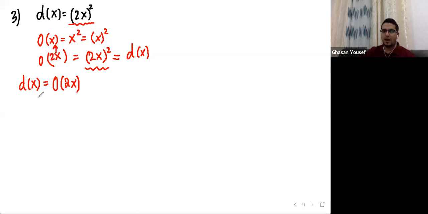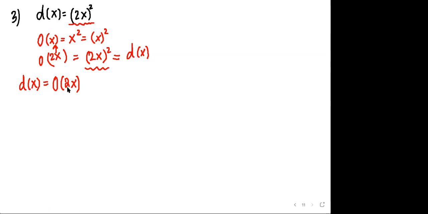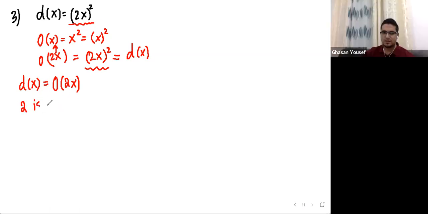Now, how can we graph the function d of x? Is the 2 inside or outside the function? Is the 2 here inside? Exactly. So the 2 is inside the function.